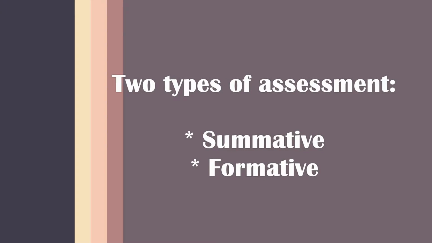So let's look at two kinds of assessment. The first one is called summative assessment. Maybe you've heard that term before, but I'm going to explain it to you a little bit better. Summative assessment often happens at the end of a course.